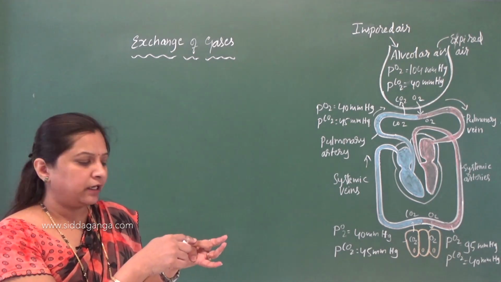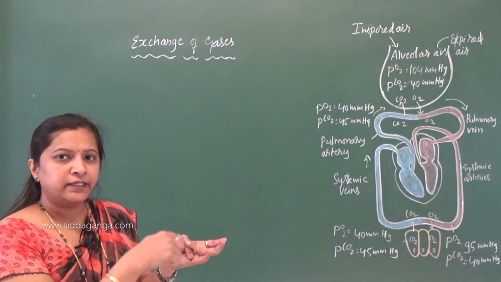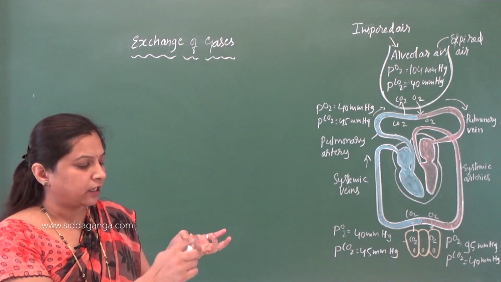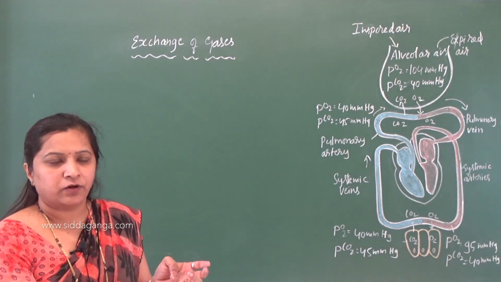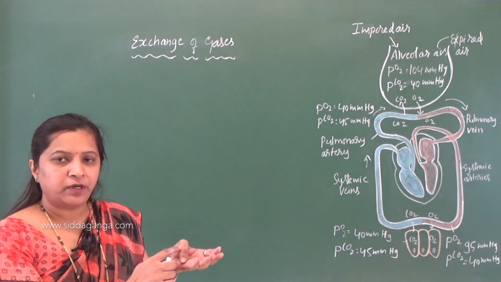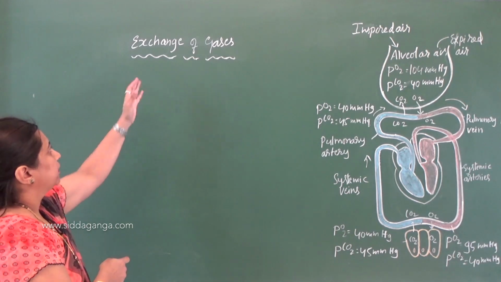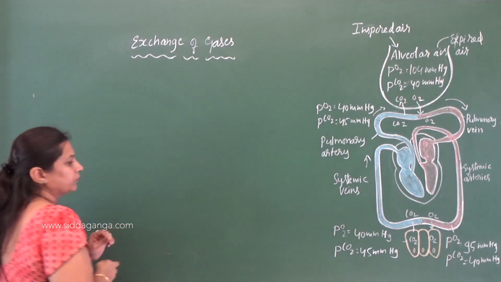The third one is transport of gases by the blood, and the fourth one is exchange of gases between the blood and the body tissues, and the last one is utilization of oxygen by the body cells. The first step, mechanism of breathing, we already discussed. So now I take up the further steps, that is exchange of gases.